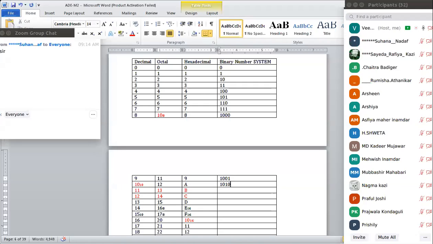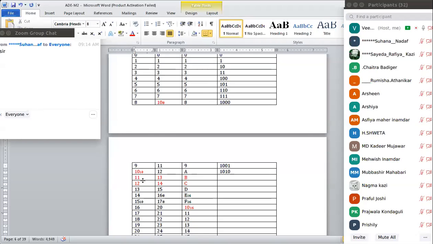If I convert this 1010, I will get A or 10. Then it goes on 11. Here it is 13. Here it is B, and here it is 1011. Say 12, sorry, double one, double zero, D, double one, zero, one, and E, triple one, zero, and F is 1111.